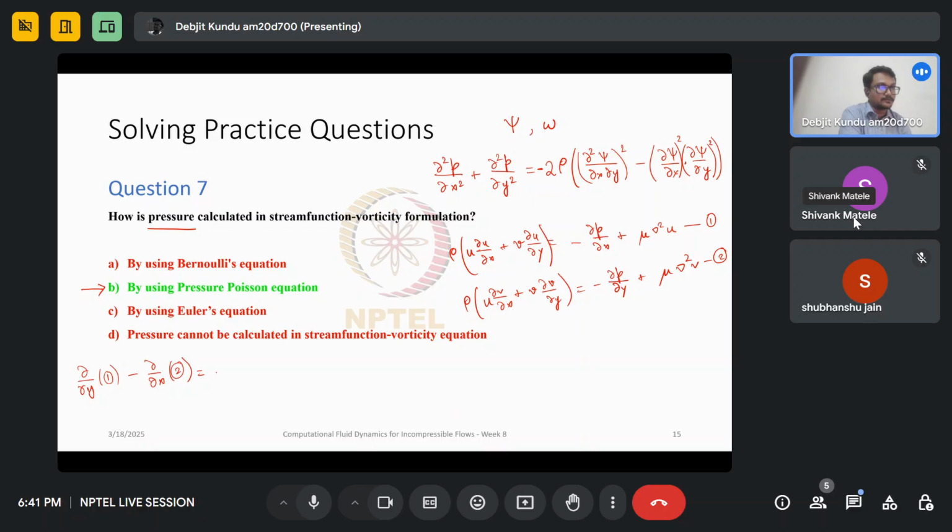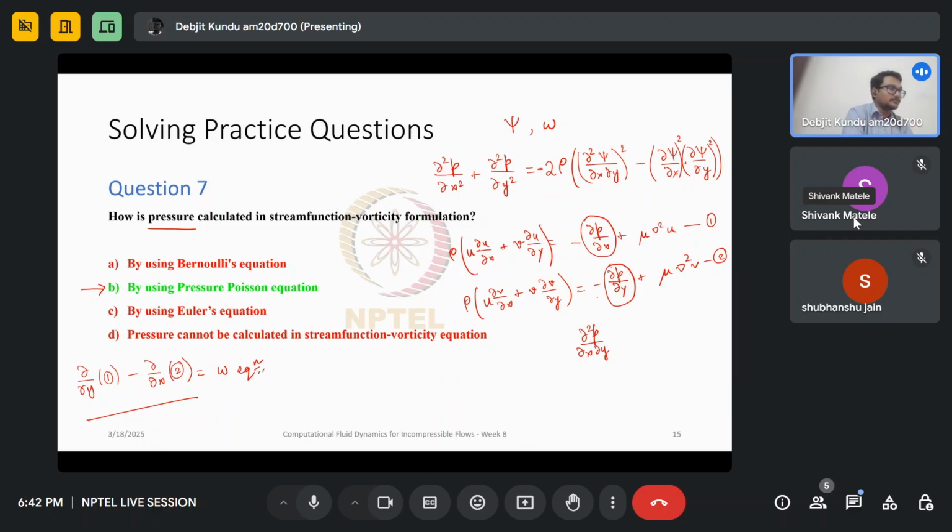That gives you the omega equation. Let's focus on these terms. I took the y derivative of this and the x derivative of this. So both gave me ∂²p, the mixed derivative, right? So you simply eliminate these two and you get the omega equation.